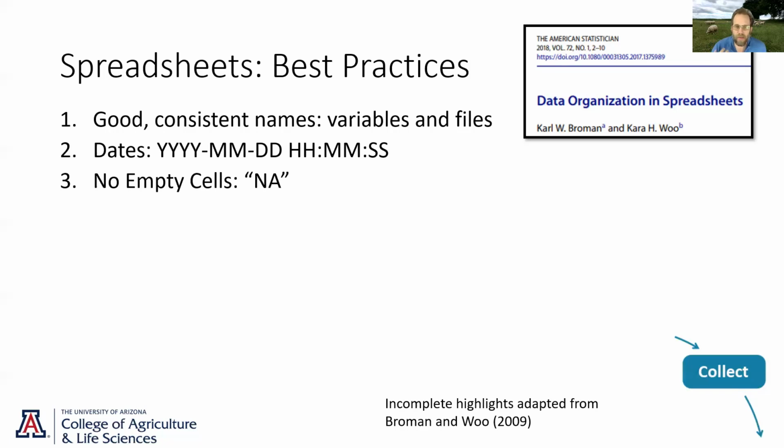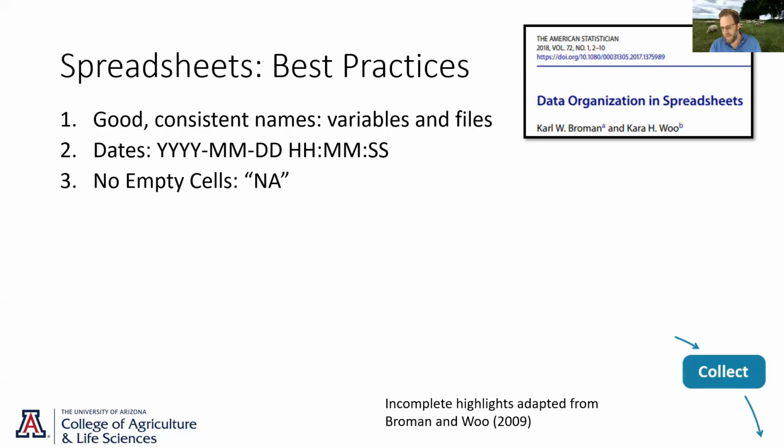There's a lot of meaning that somebody can get out of an empty cell. Like, was the data not collected? Was something not there, or was the data collected and lost? It's not clear. There can be a lot of problems with empty cells. So having NA instead of an empty cell is recommended. There's also a lot of cases in which you will see other values standing in for missing data.